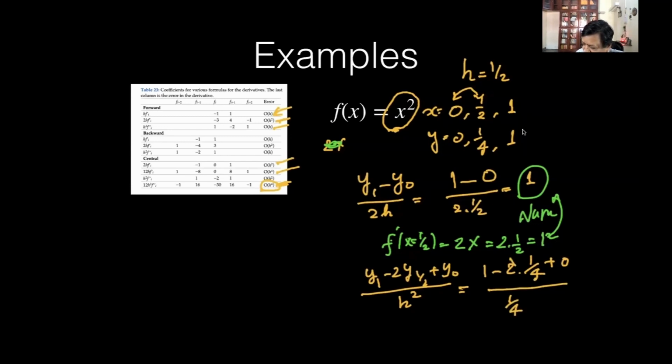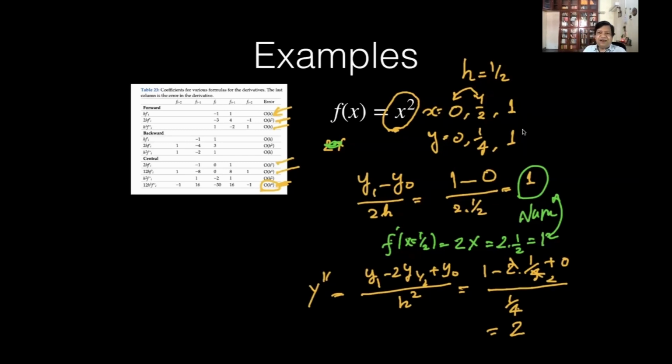Okay, so this gives you a half by 1 quarter, which is 2. And double derivative is indeed 2. Okay, so this is my y double derivative.